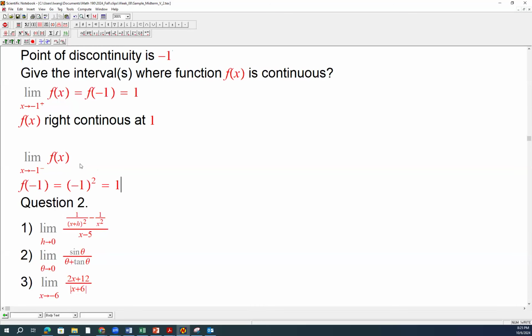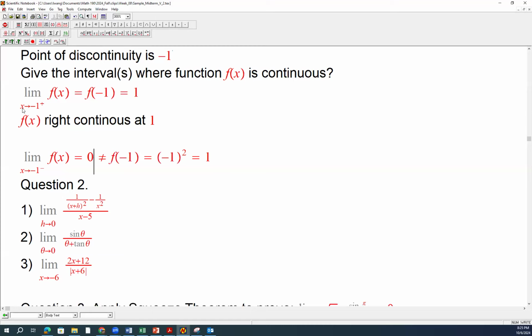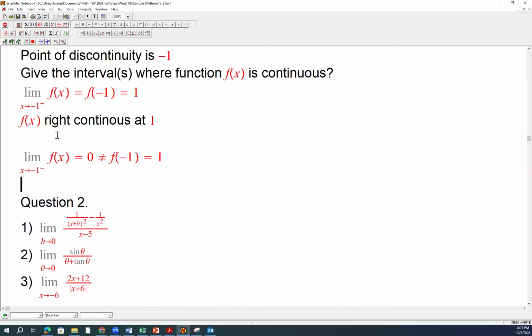This equals 0. Obviously, these two are not equal. So f of x is not left continuous at -1.